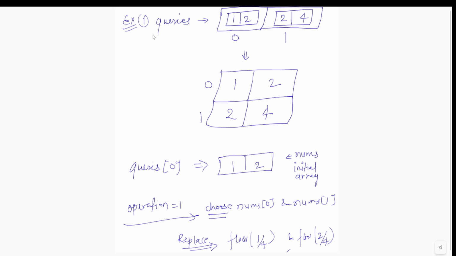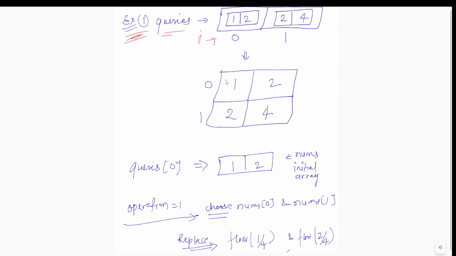We have been given examples. For the very first example, we have been given queries. Let's suppose queries[i] at i is 0 and 1, two things we have been given. At 0 we have [1, 2], and at 1 we have [2, 4], correct?